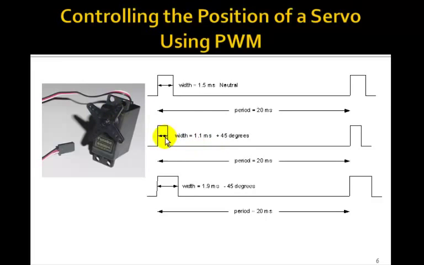And then if you reduce the width to say 1.1 milliseconds, then this motor will turn, say, plus 45 degrees, and if you lengthen it to about 1.9 milliseconds, it'll rotate in the opposite direction, minus 45 degrees. So that's how you would control the position of this servo using a PWM signal.